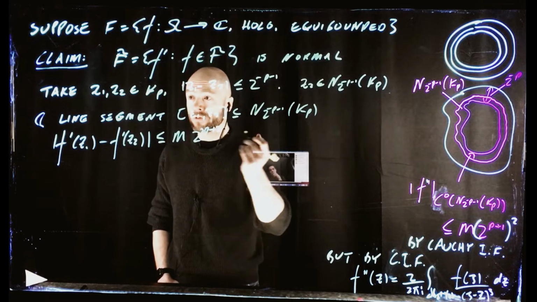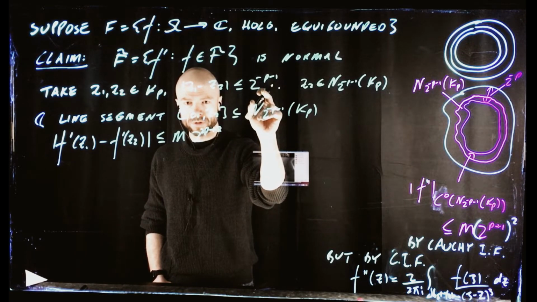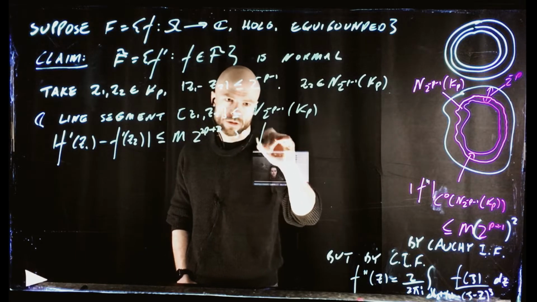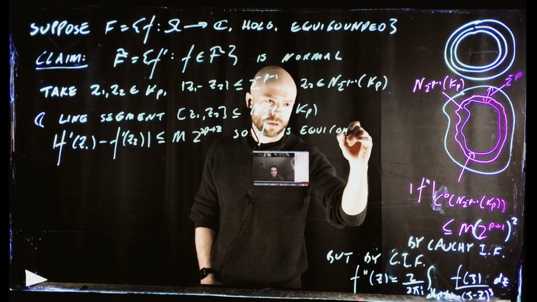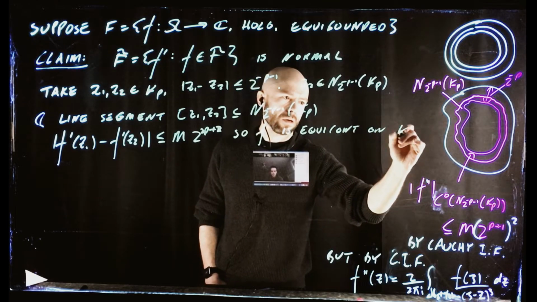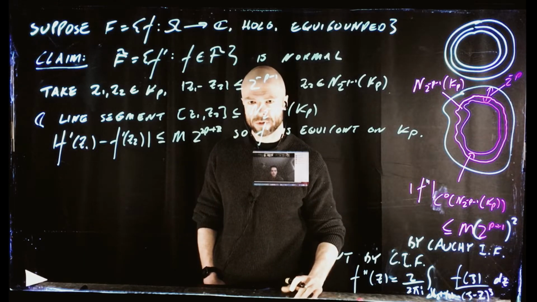Yeah? For any z1 and z2 such that this is less than this. So f prime is equicontinuous on Kp, and then the thing just follows as before.